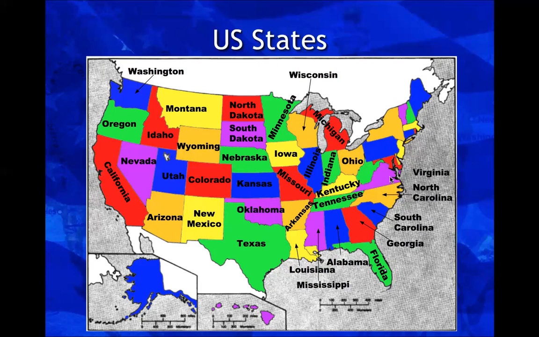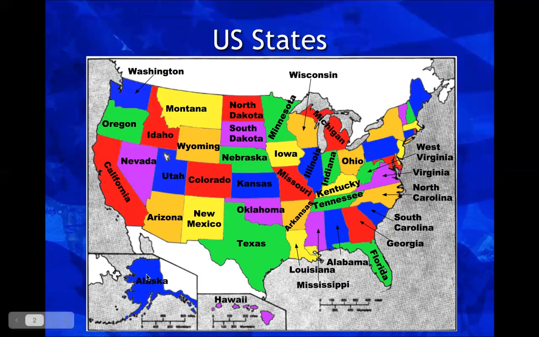And this purple state right here, the original colony, the first colony, Virginia, is right here. And then during the Civil War, we'll be talking about how Virginia will actually lose some of its territory because part of its state will break away and join the Union, and that becomes West Virginia.